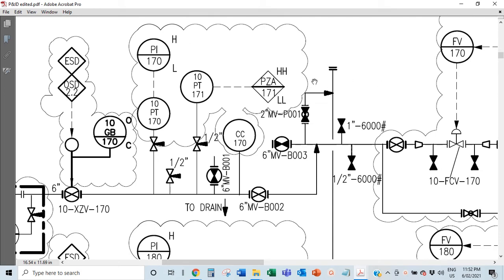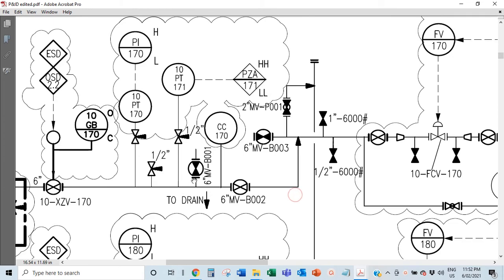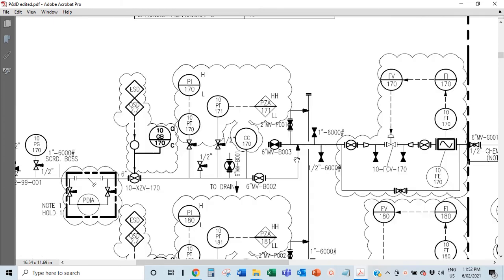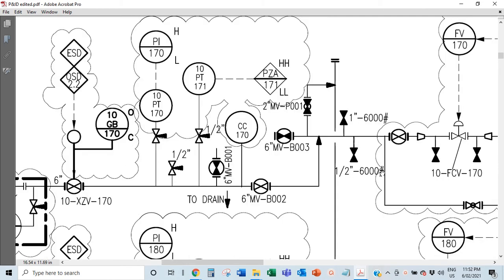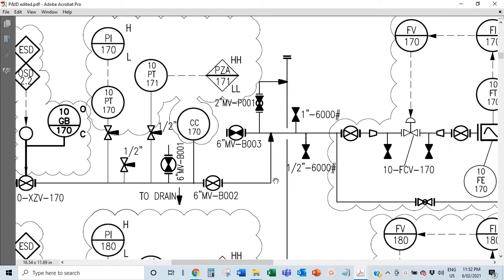That's high, but the trip may be set at 10 bar, meaning if it hits 10 bar, turn off everything, just shut it off, trip this area so that you don't have more flow going in. All those are telling you that there's a lot of instrumentation. That's why you have instrumentation engineers. They do all this to make sure that this process is safe and finely controlled.